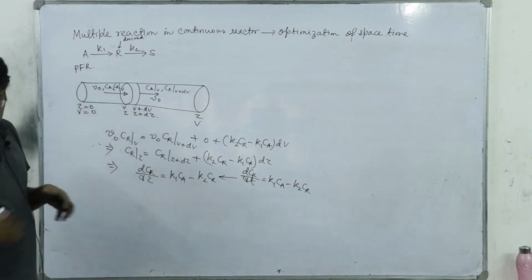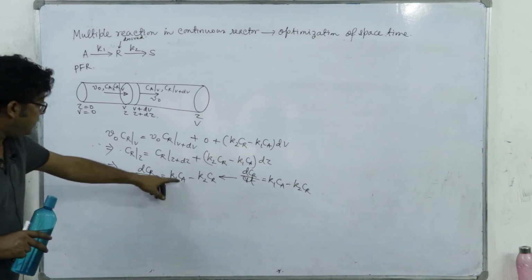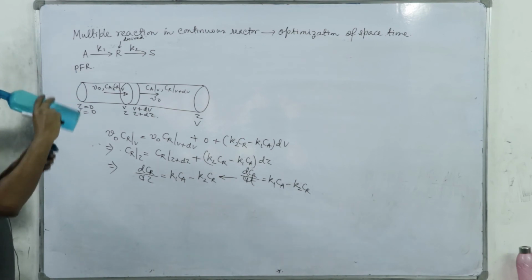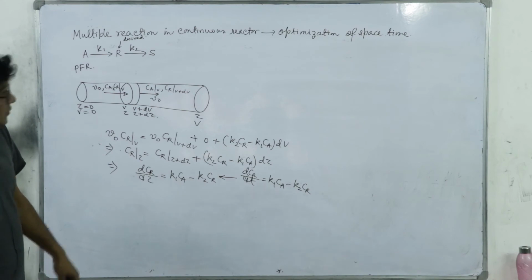Right. So the equation remains same. Now here we have A. So we have to find out the respective differential equation for A itself.